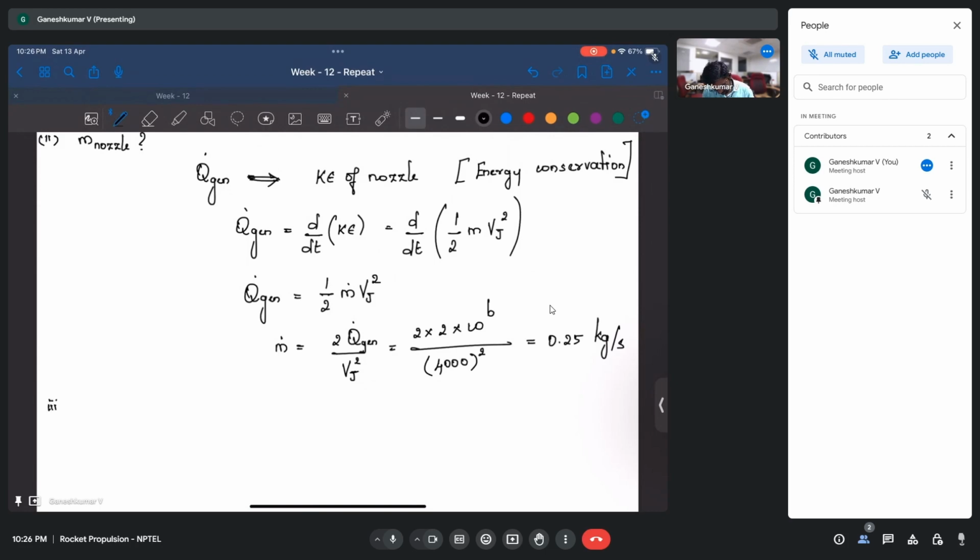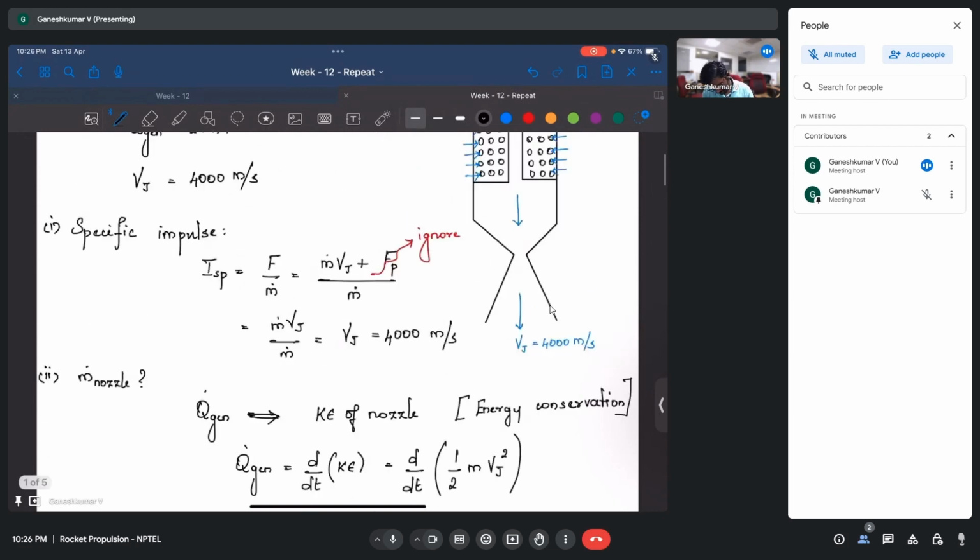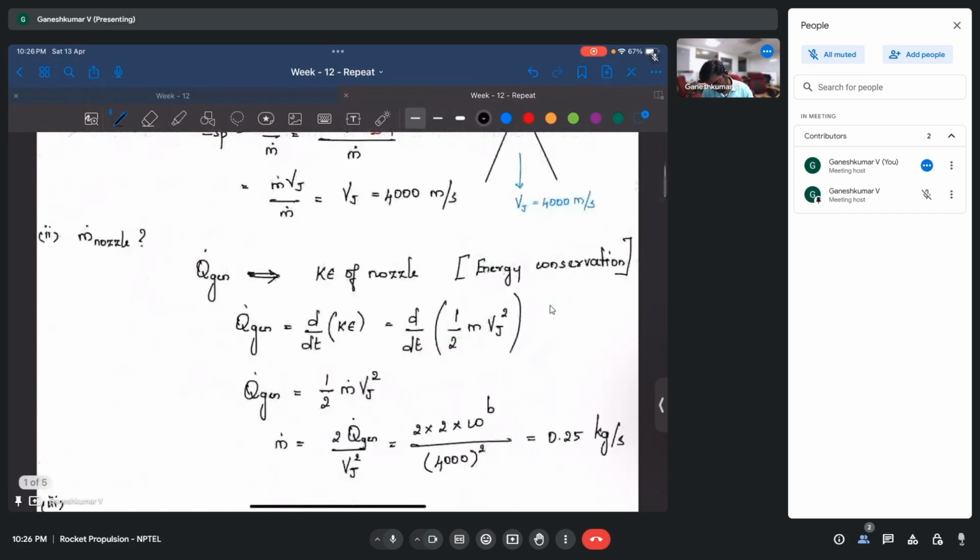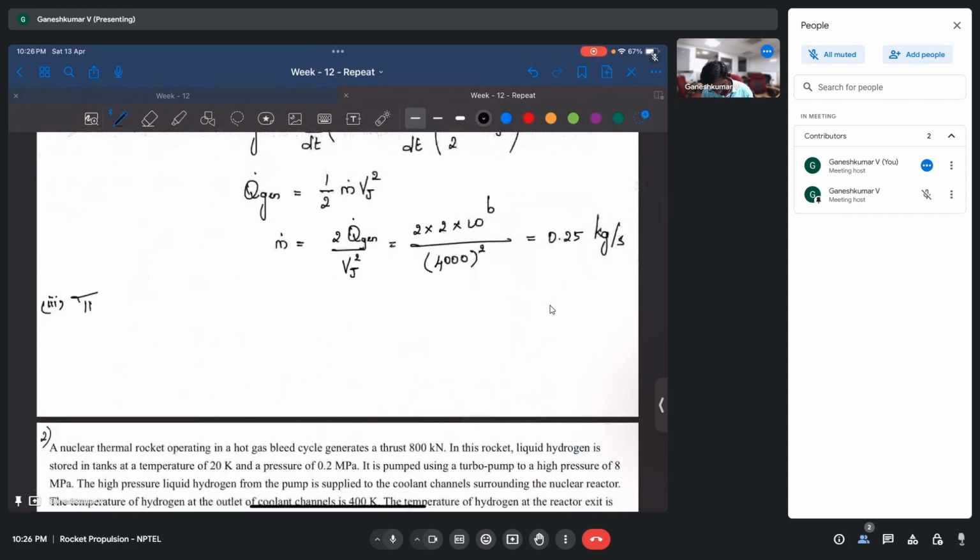The third question here is, what is the thrust developed by the rocket? We all know the thrust F is equal to m dot into Vj plus the pressure thrust, but we are going to ignore it because it's not been given in the question.